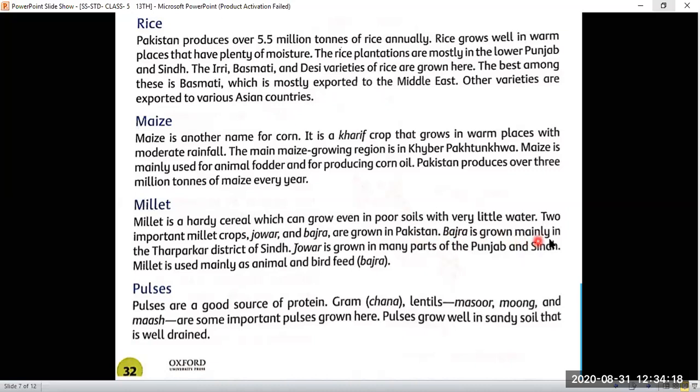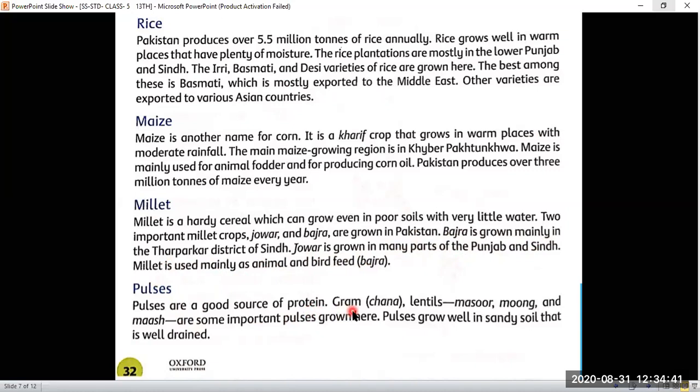Bajra is grown mainly in the Tharparkar district of Sindh. Jawar is grown in many parts of the Punjab and Sindh. Millet is used mainly as animal and bird seed.